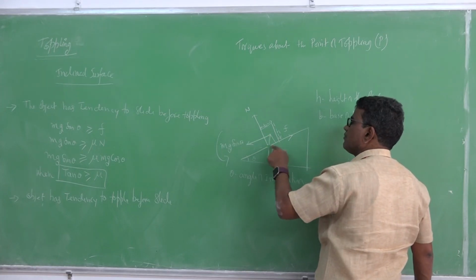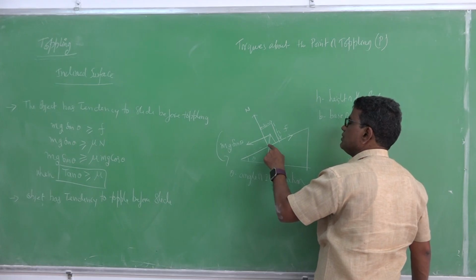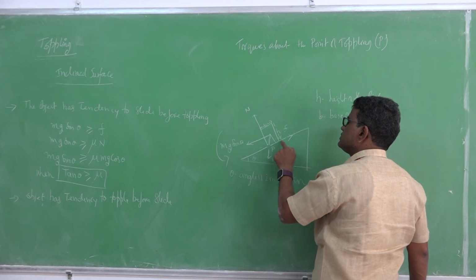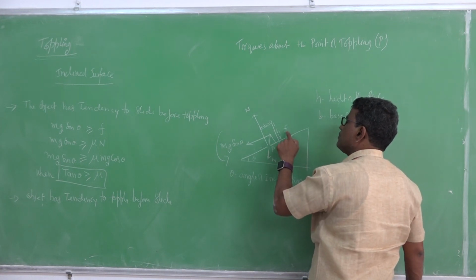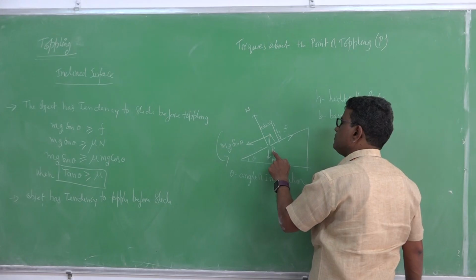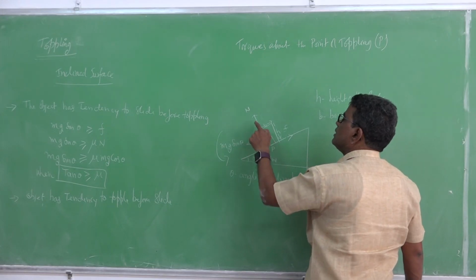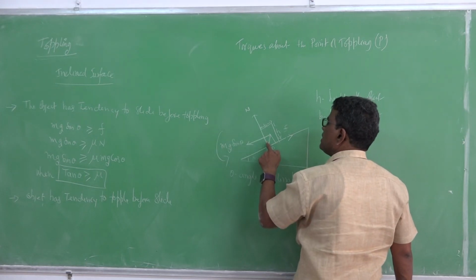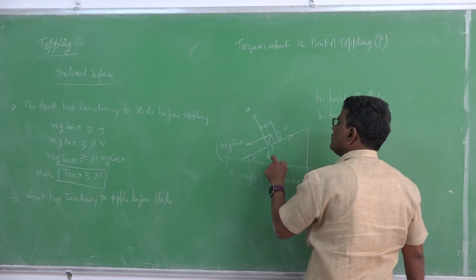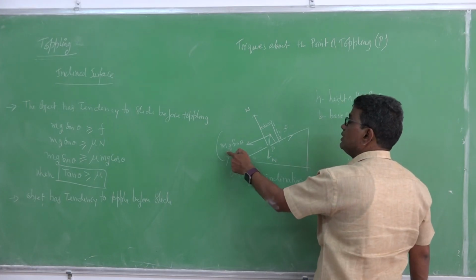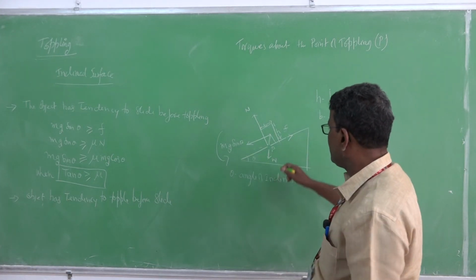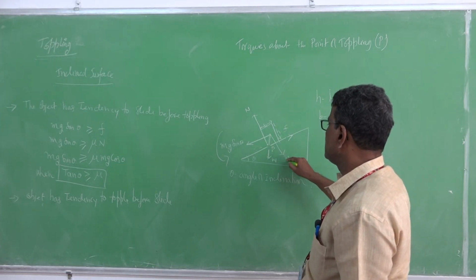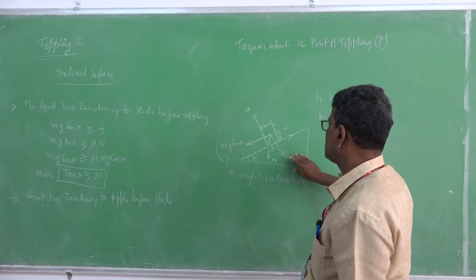The frictional force torque will become 0 because it passes through point P. The torque of the normal reaction about this point is also 0 because it passes through point P. Now there is only this torque and the weight torque.